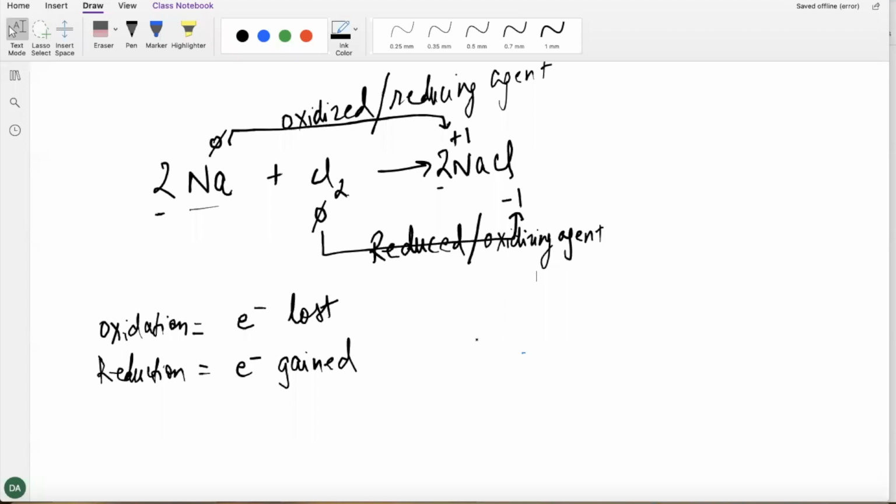Now guys, I want to talk about our next topic, which is related to redox, but it's called balancing redox equations. For this, you have to be extremely focused on what I'm going to be talking about. This is a long reaction, guys.